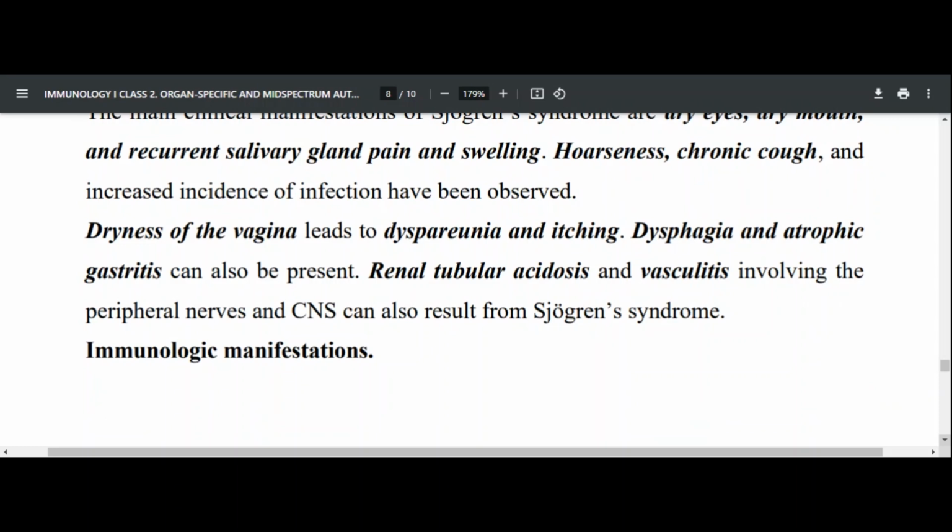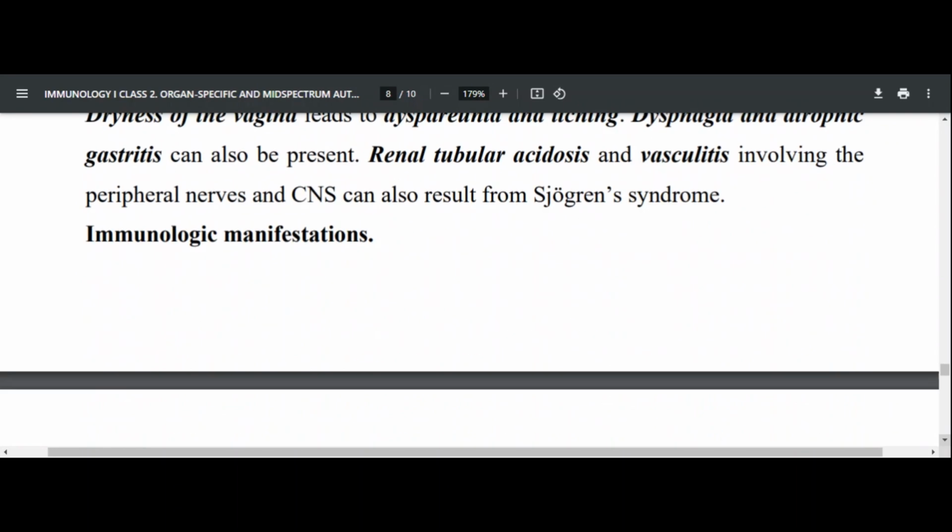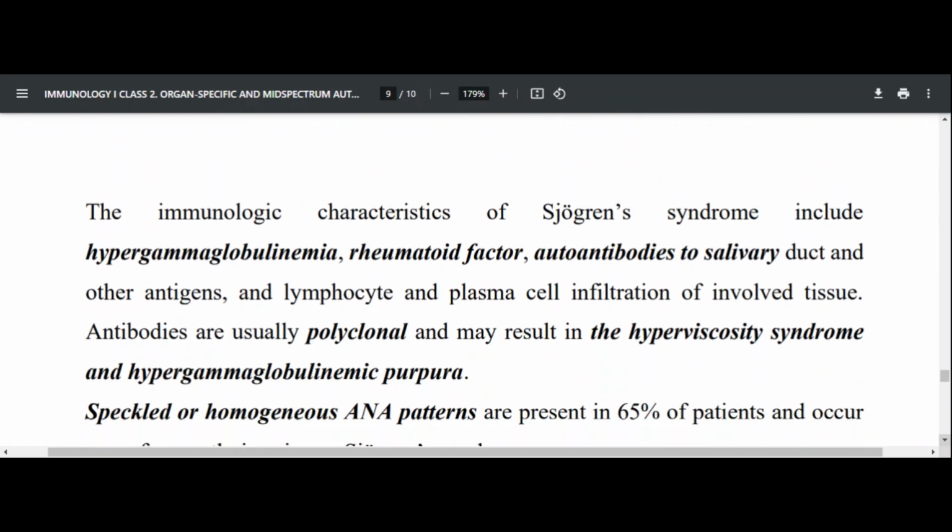But the immunologic manifestation is very important in Sjogren syndrome. What you see is hypergammaglobulinemia, rheumatoid factor, as well as autoantibodies to salivary ducts and other antigens. Lymphocyte and plasma cell infiltration is involved in tissues. Antibodies are usually polyclonal and may result in hyperviscosity syndrome.